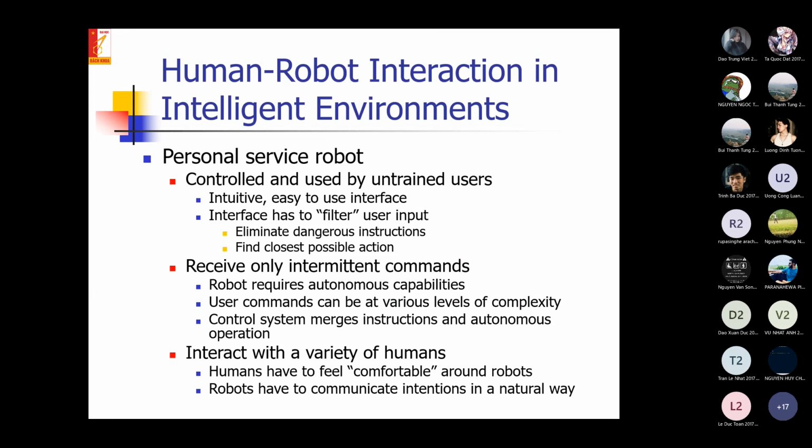And for human-robot interaction in intelligent environments, for personal service robots controlled and used by untrained users, it must be an intuitive and easy-to-use interface. And of course, it must eliminate dangerous instructions and harmful close-person actions.